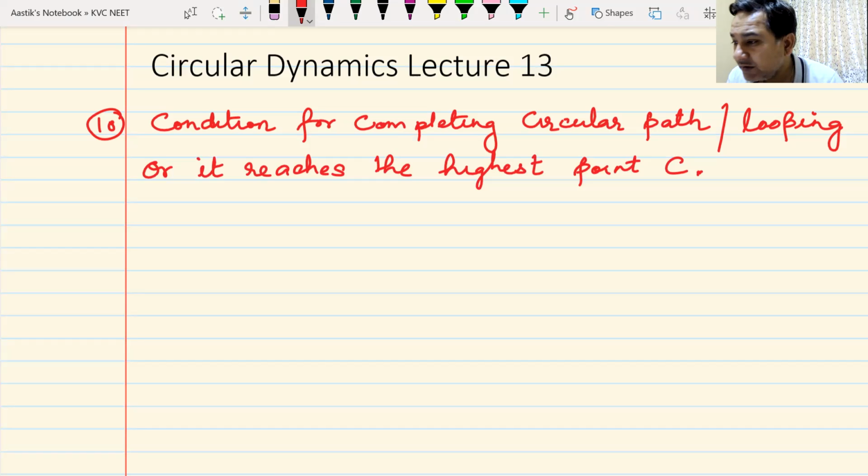Now, most of you might think that, sir, if it has to reach the highest point C, the speed when it reaches the highest point, if it is more than 0 or exactly equal to 0, goes up there, it will slow down, but it will keep on going up, slowing down.